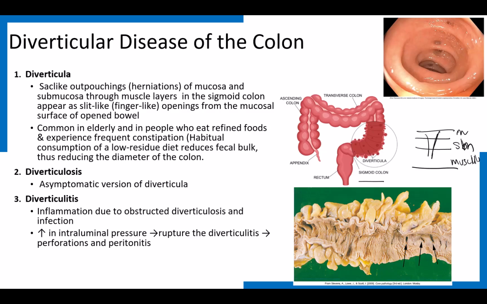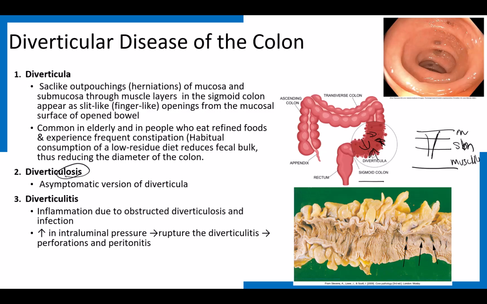It's common in the elderly and people who eat refined foods and experience severe constipation, because if you eat refined foods, that's not enough fiber, and when you have a very low fiber diet, it reduces the bulk of the fecal material, and it basically shrinks the diameter of the colon, and then you end up with diverticula.